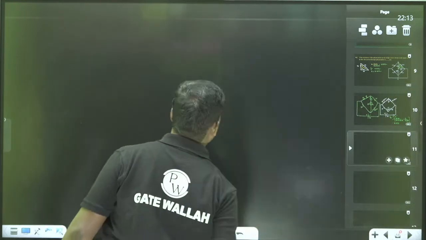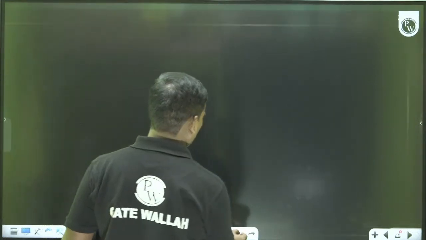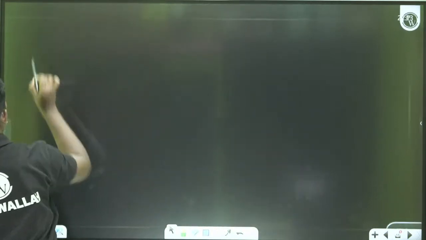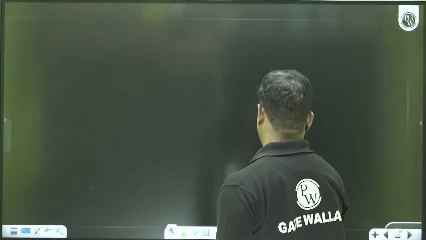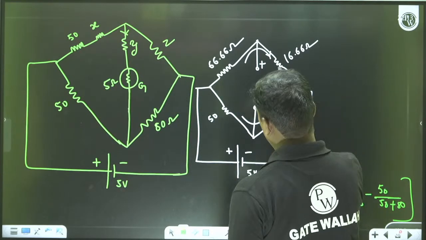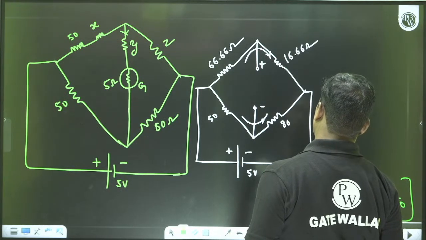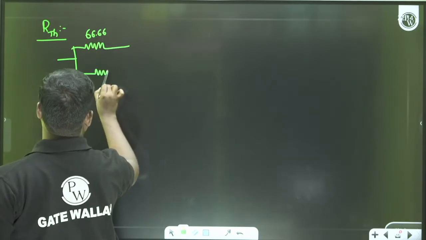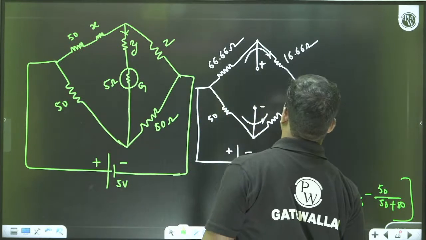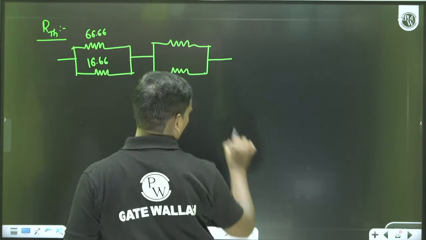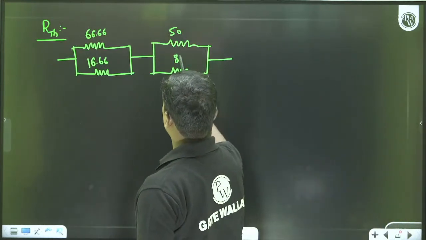If we take the R Thevenin, short the source, find out the R Thevenin. So short this, these two are parallel, 66.66 and 16.66, and 50 and 80, both are in parallel. So please find out this R Thevenin.